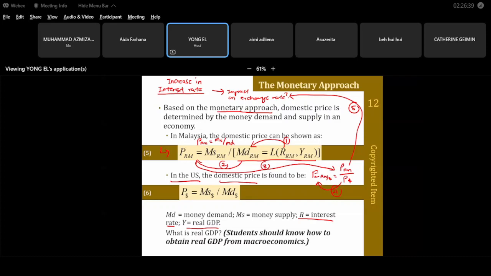And of course, the money demand in the United States is also determined by interest rate and income. Although I don't put the functions here, in US dollar and GDP in US dollar, you should understand this is similar to equation 5.